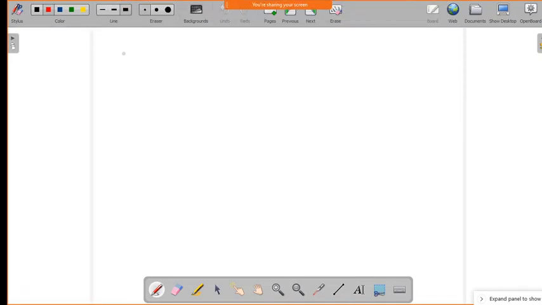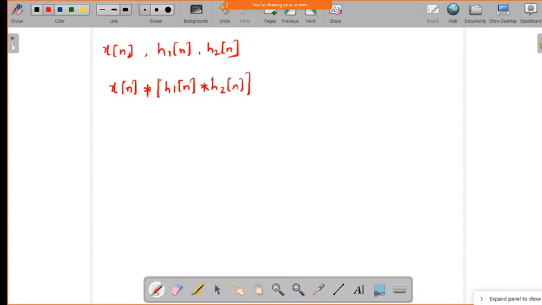If you have the input x of n and the impulse responses h1 of n and h2 of n, then if you take the convolution of x of n with h1 of n and convolve that with h2 of n, you can see the order is the convolution of x of n with the resultant signal of h1 of n and h2 of n.